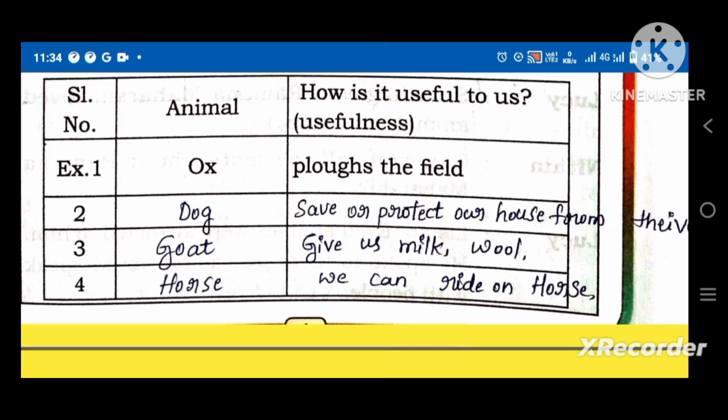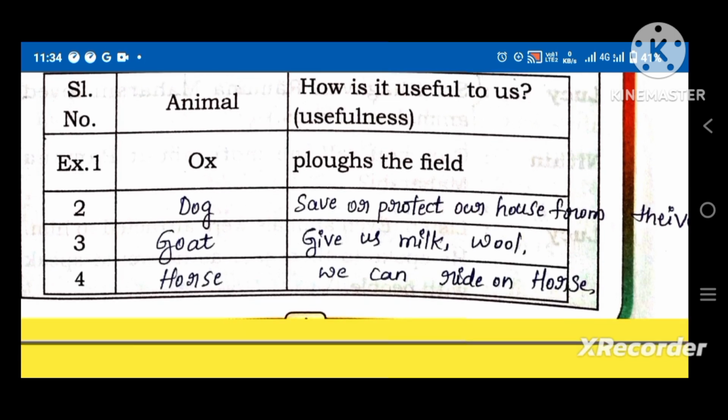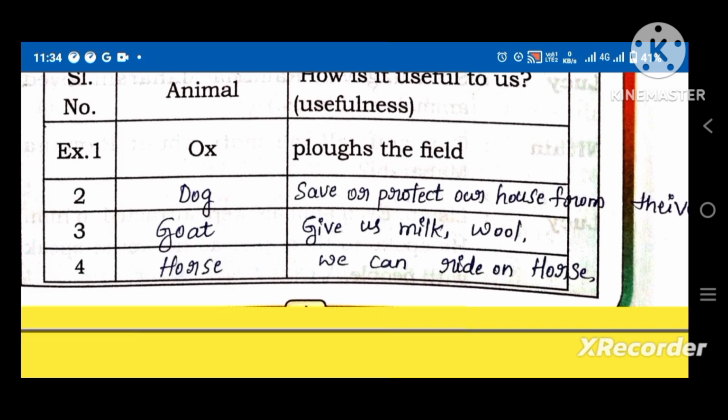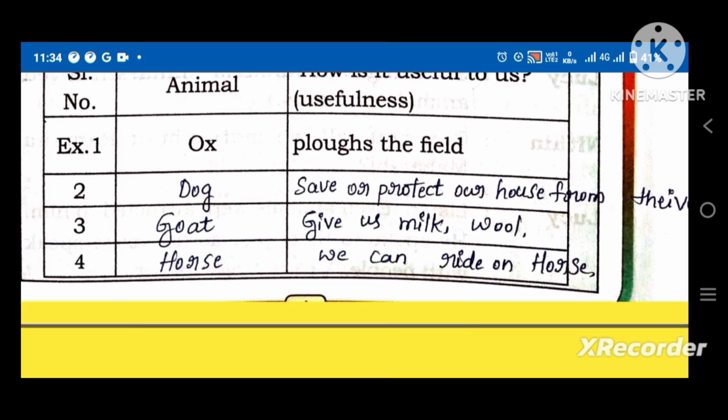Number 1: Ox ploughs the field. Second one: Dog saves or protects our house from thieves.